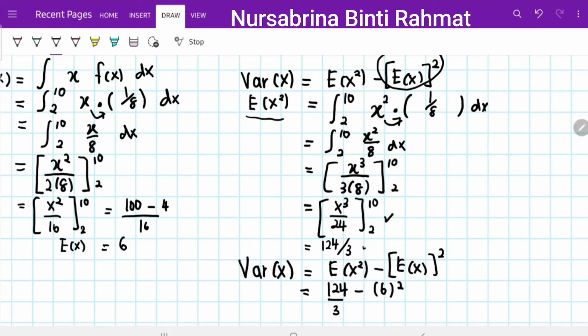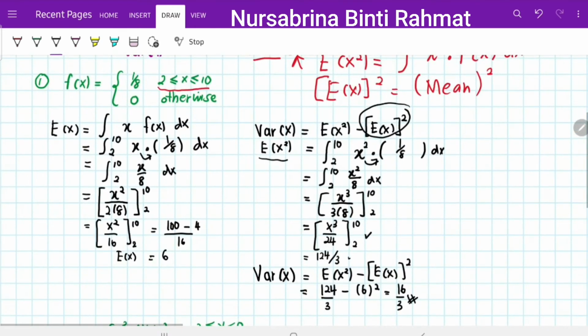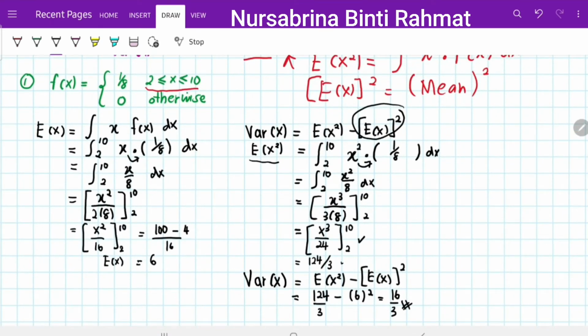If you press your calculator, you should get the answer to be 16 over 3. Simple, isn't it? In this example, it just involves a probability density function that only has one function, which is 1 over 8 for the given class interval. I'm going to show you the next example.